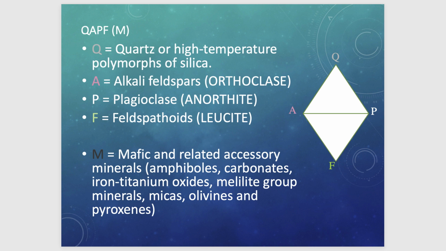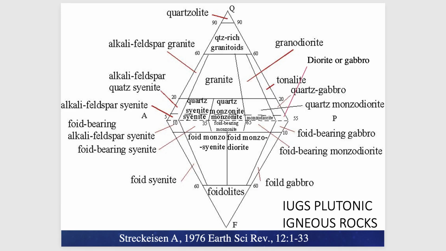Okay, this is a nice introduction, but what about adding those labels? We end up with the Streckeisen diagram, the one that geologists officially use to identify the nomenclature of rocks, and it's important to realize the complexity here.